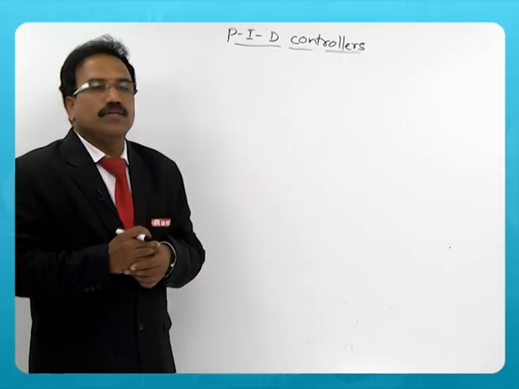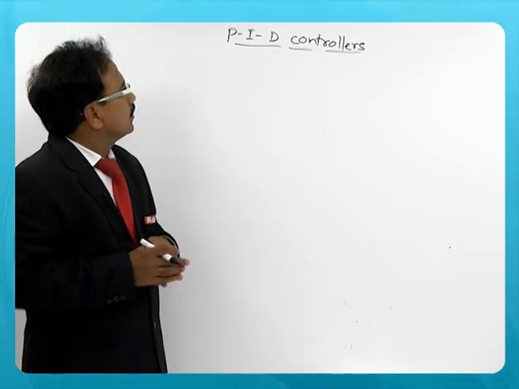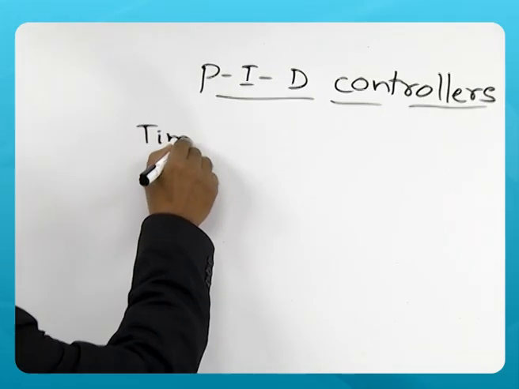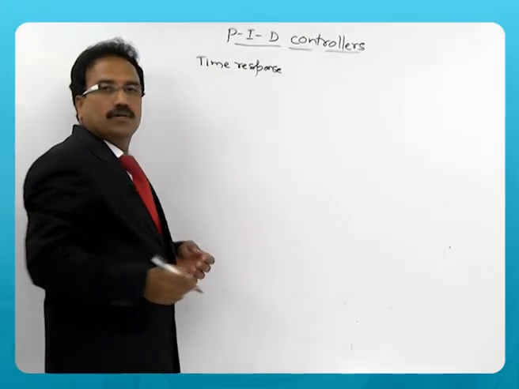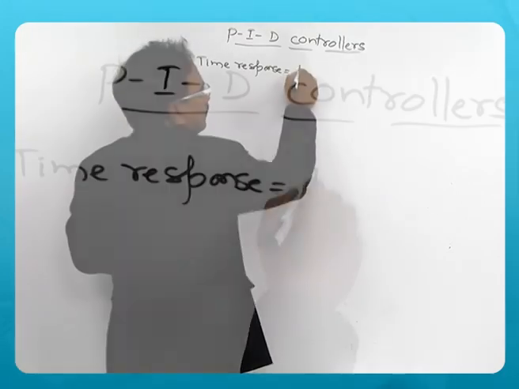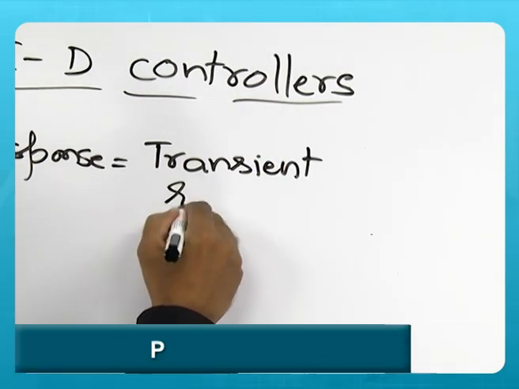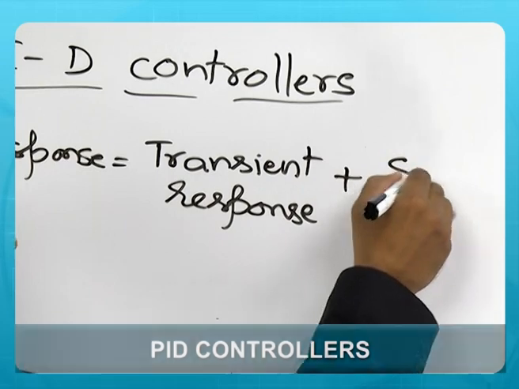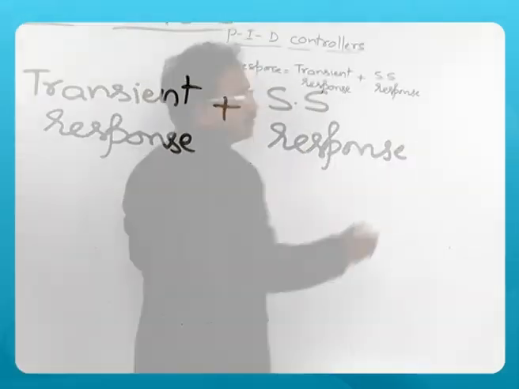Any system will have a time response which consists of two parts. So, time response will have a transient part of the response and a steady state part of the response.